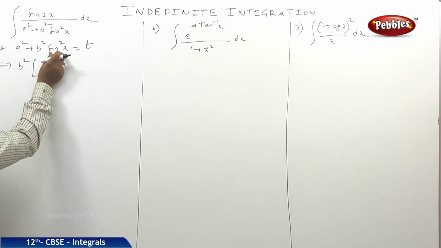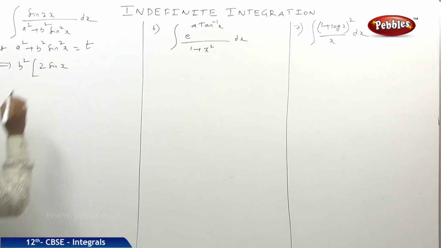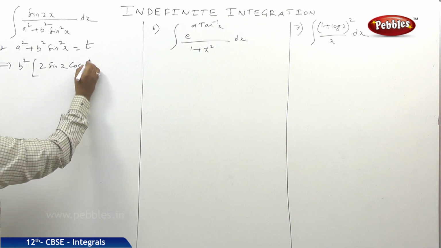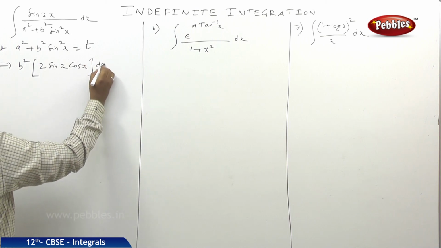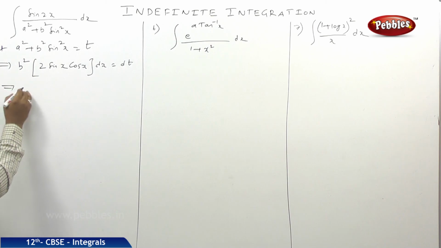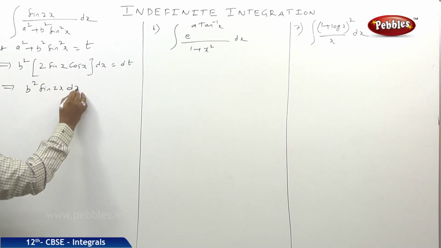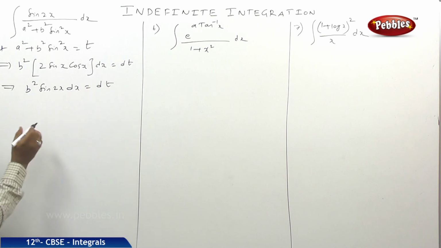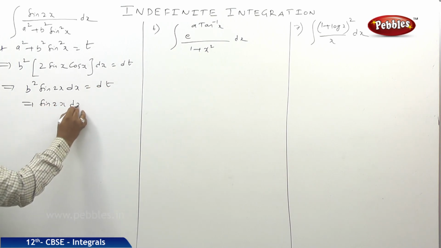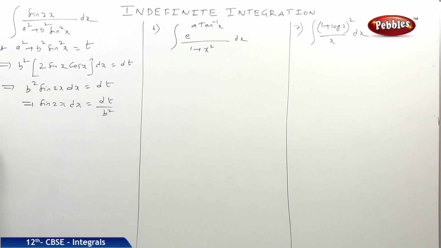It looks like x square basically, so it becomes 2x, meaning 2 sin x, and the derivative of sin x is cos x, and outside there will be dx, and it becomes dt. So b square sin 2x dx is equal to dt. So finally, sin 2x dx is equal to dt by b square.